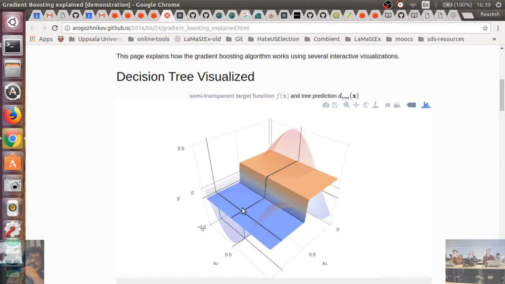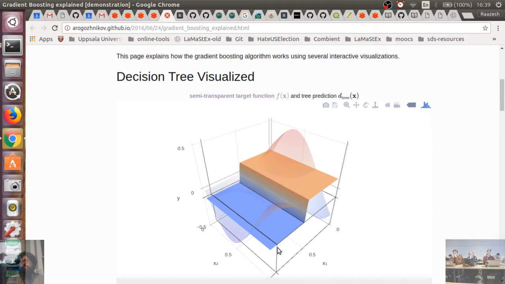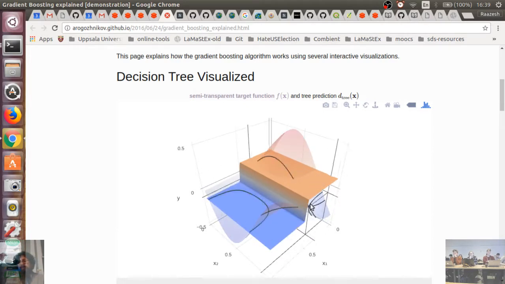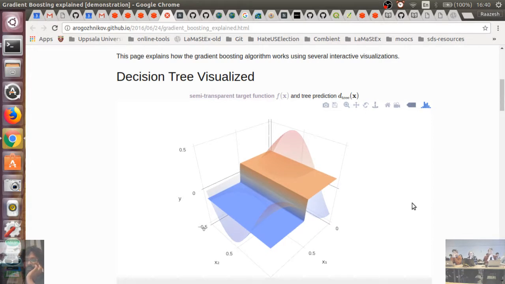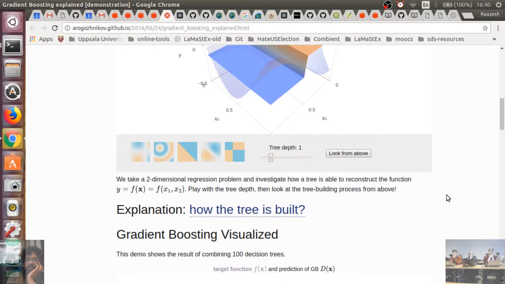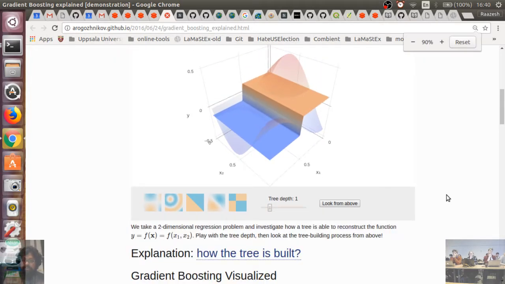And usually this blue height is coming from all the points that landed there, the mean value of all the points that landed in this x1, x2 world, right? And the same way, the mean value of all the points that landed in this bucket is higher. So that's why you get this. Okay. This is quite a fancy visualization. So this is tree depth 1. I'll make this smaller.